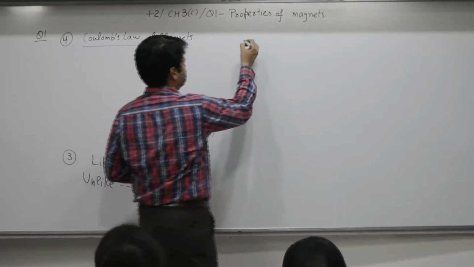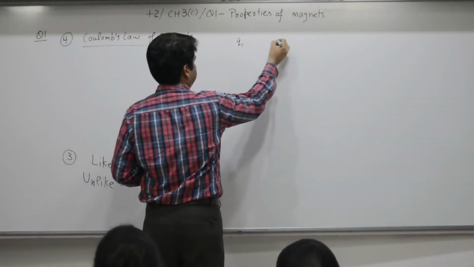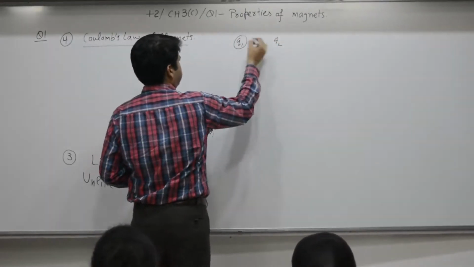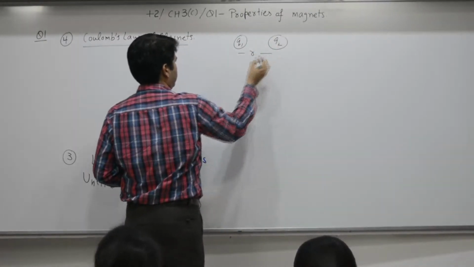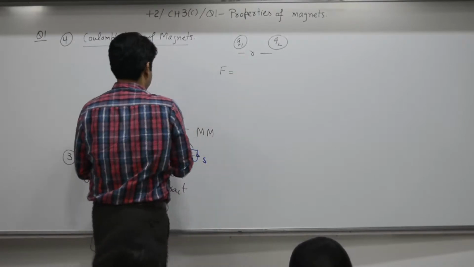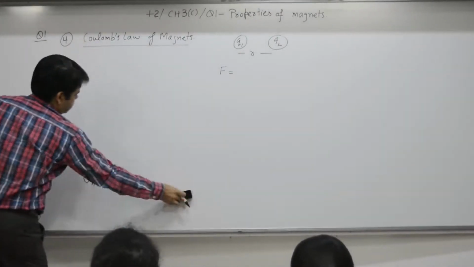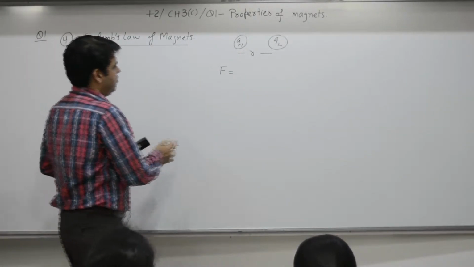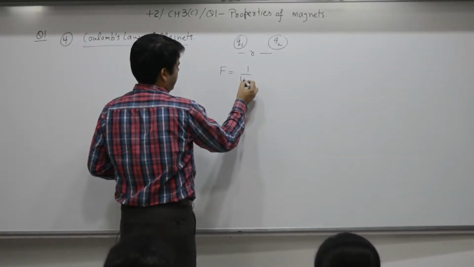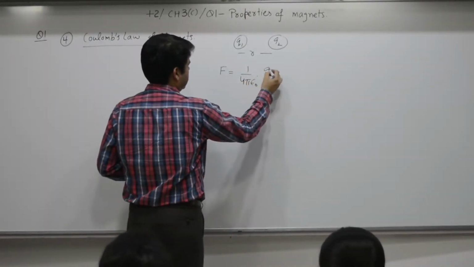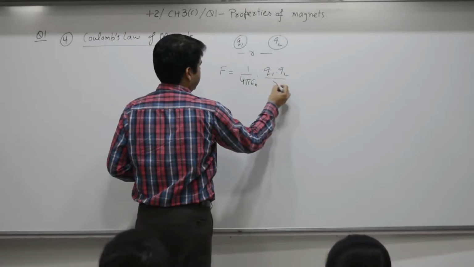If there are 2 charges, Q1 and Q2, separated by distance R, the force between the two is 1 by 4 pi epsilon naught Q1 Q2 by R square.